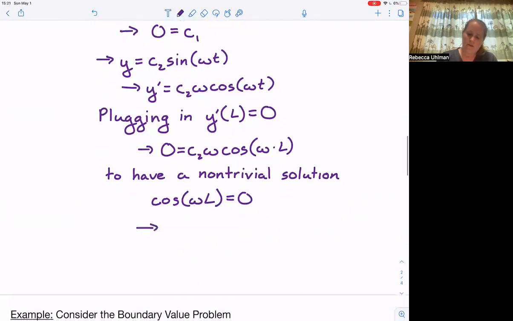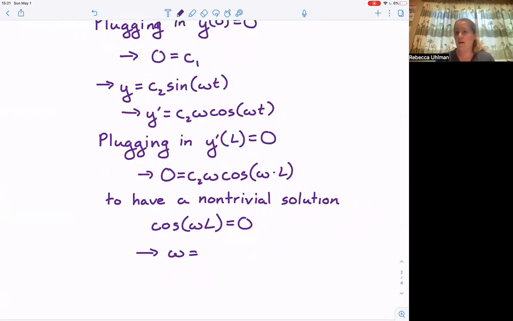So this means that omega L must be equal to an odd multiple of pi over 2.